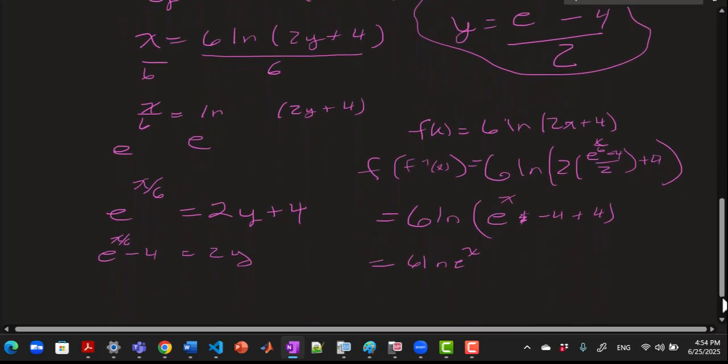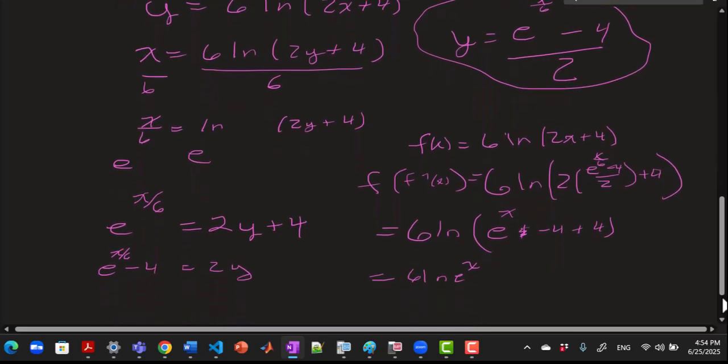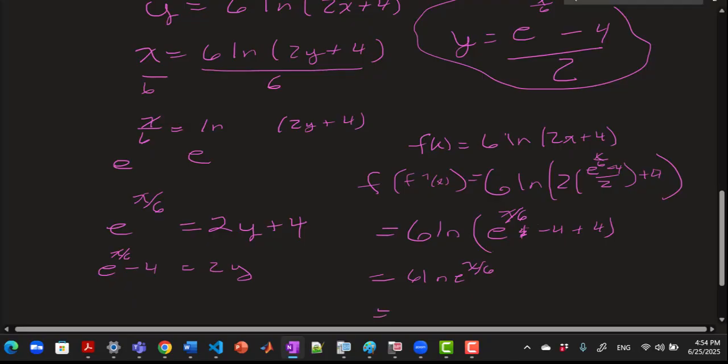X over 6. This was supposed to be x over 6 right here. So this is a natural log, 6 natural log e to the x over 6. Remember, a number out in front can come up on top.